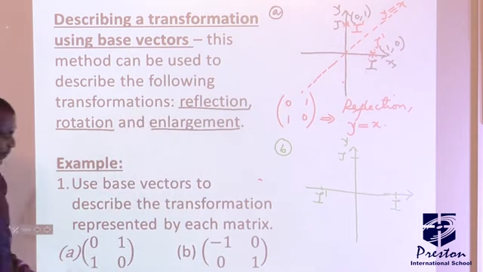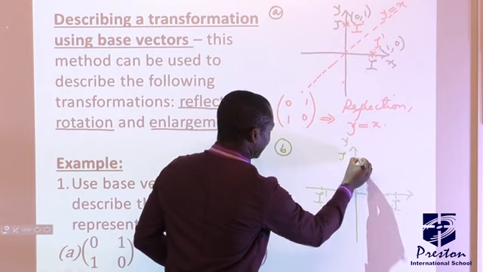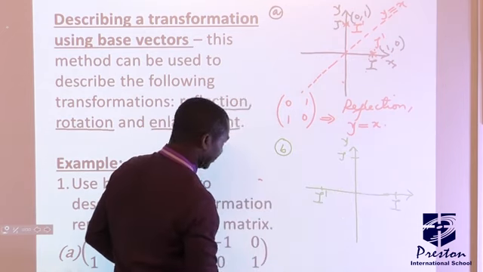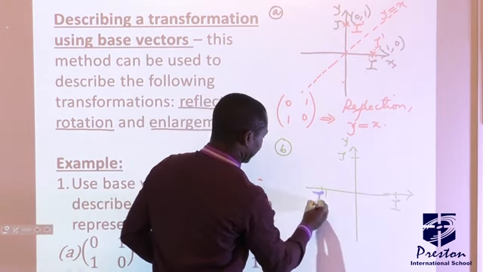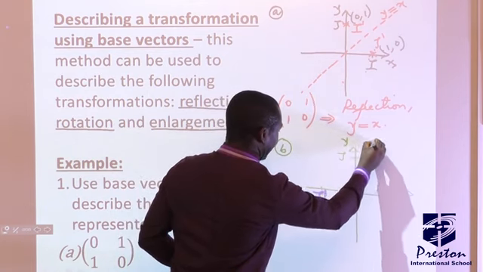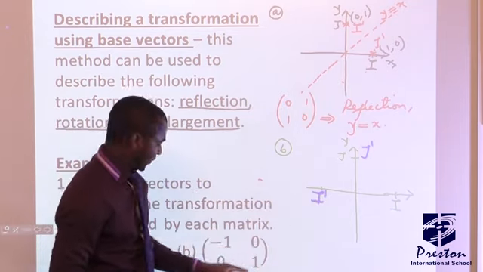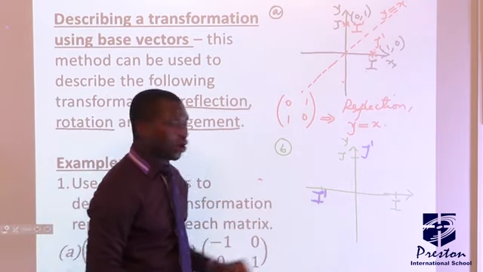That's the image. And we also have 0, 1. This will be J prime. Minus 1, 0 is the image of I, and 0, 1 is the image of J.